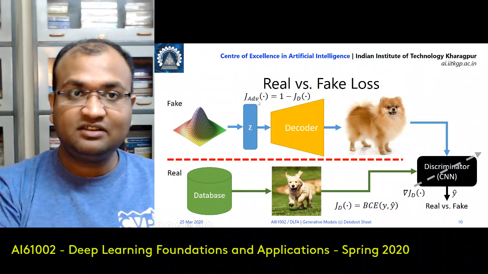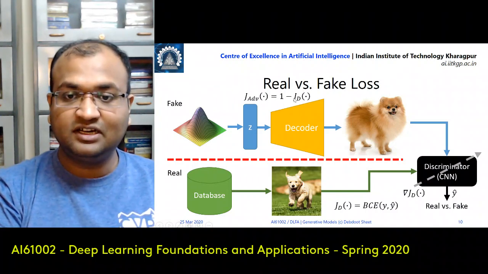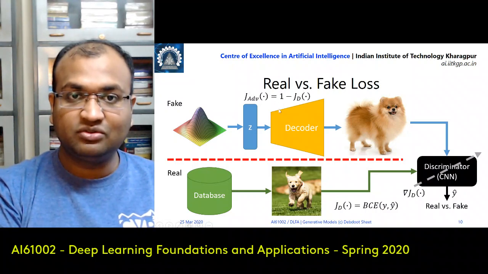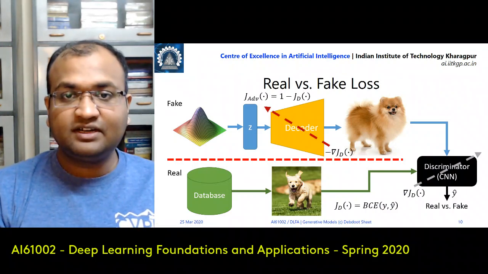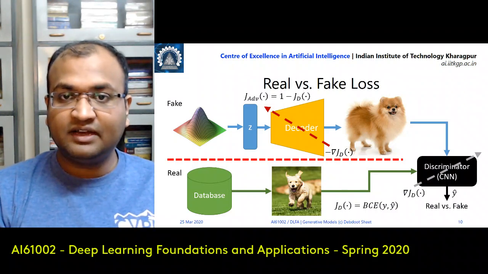And in the best case, if your discriminator loss is limited up to 1, then 1 minus the discriminator loss is what is going to give you your adversarial loss. Now you have your adversarial loss over here, which has to be passed through the decoder, and you have that one passing through the decoder. So this becomes minus nabla JD.